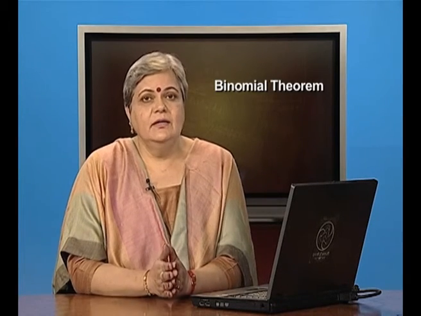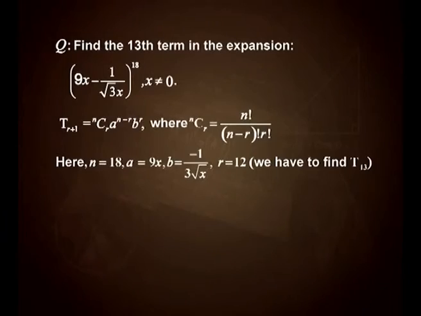So, here in this case, let us identify what is n, a, b and r. n of course is the index, so that is nothing but 18, and a, the first term, is 9x, b is negative 1 by 3 root x, r is 12, not 13. Keep in mind that we are now going to look at the use of the general term T(r plus 1). So, in T(r plus 1), r plus 1 is 13, the 13th term. So, r will take the value 12.